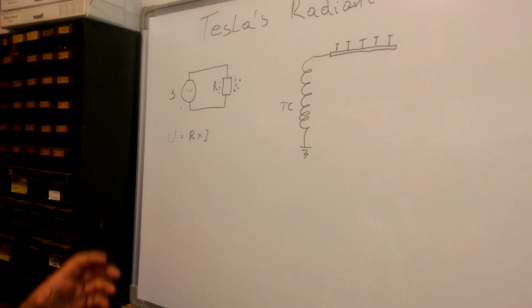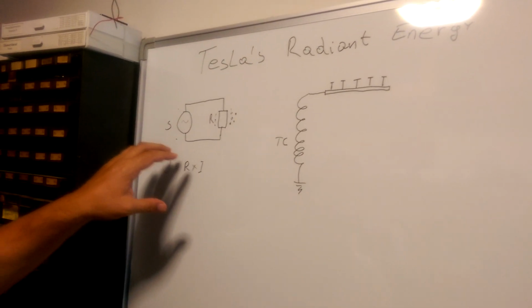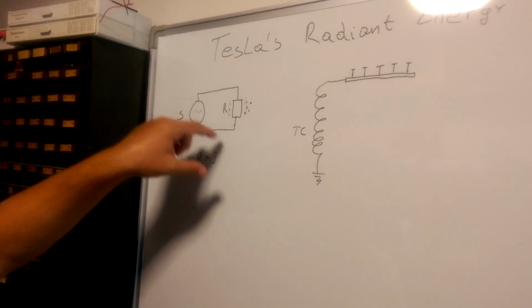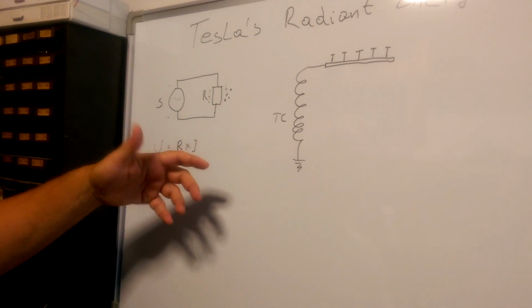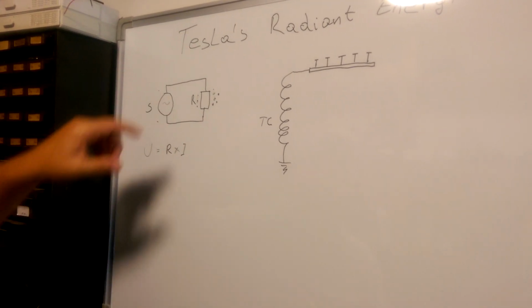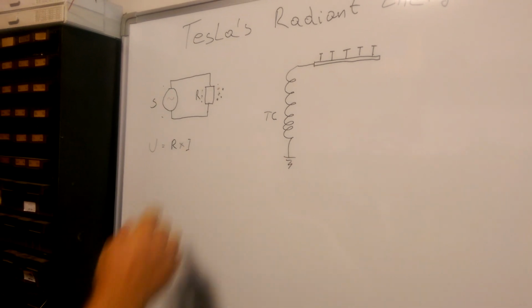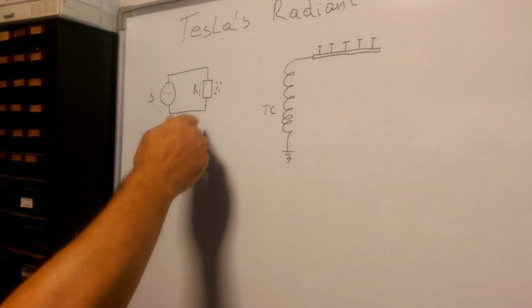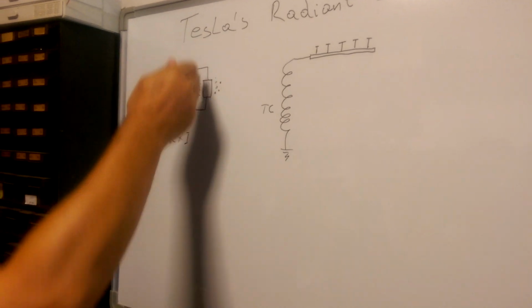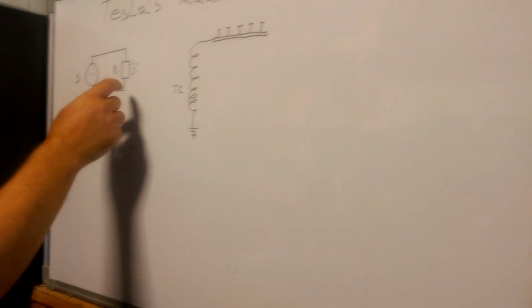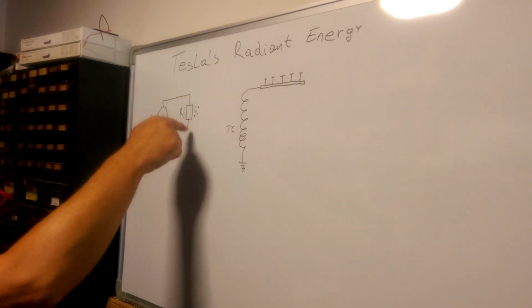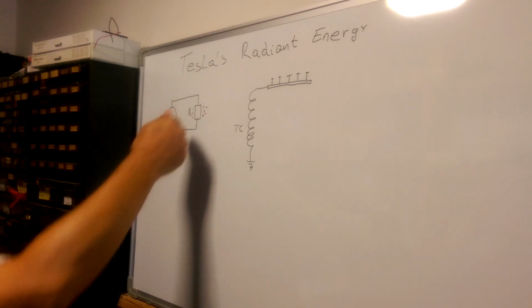But again, as long as the frequency is low, this amount of energy is too small, and the current passes through the resistor as the primary path, and the energy which passes through the ions is the secondary path.